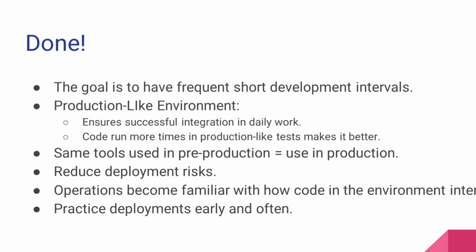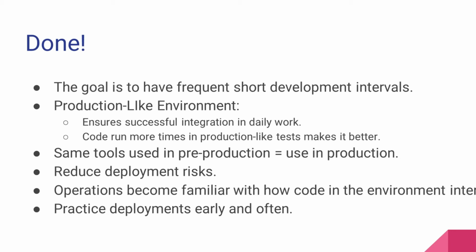It's important to make sure the environments from the version control are used in the daily work of development, so that we can have a clear expectation as to how it will behave in a production-like environment. The goal is to have frequent short development intervals, and having the code run in a production-like environment ensures successful integration in daily work. The more times code can be deployed and run in a production-like environment, the better.